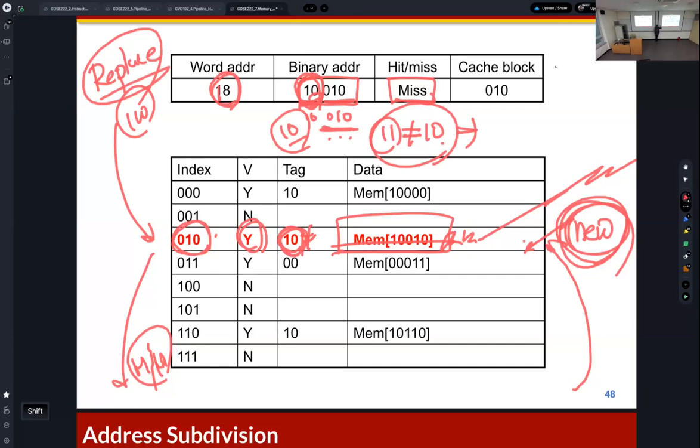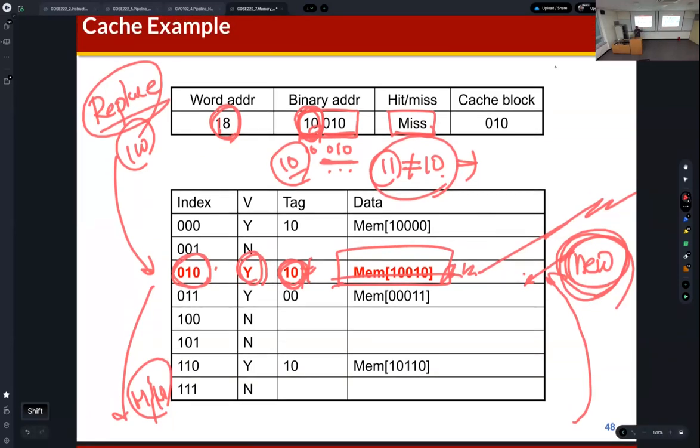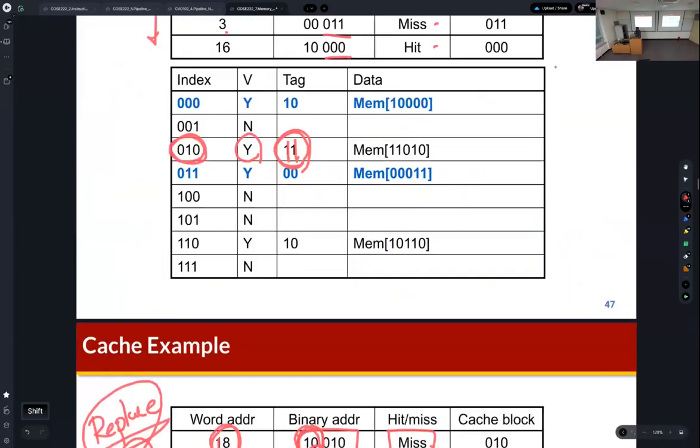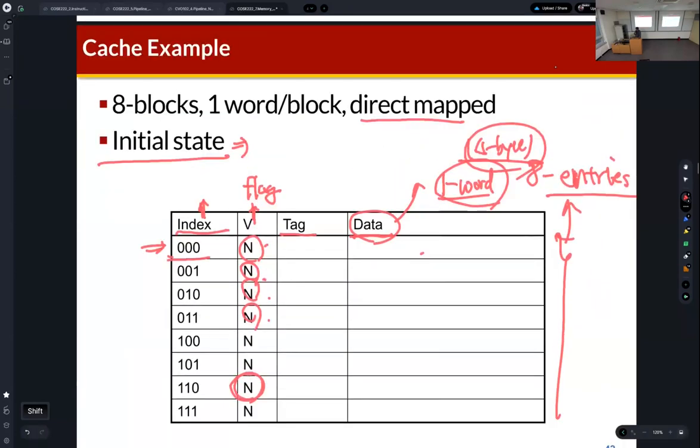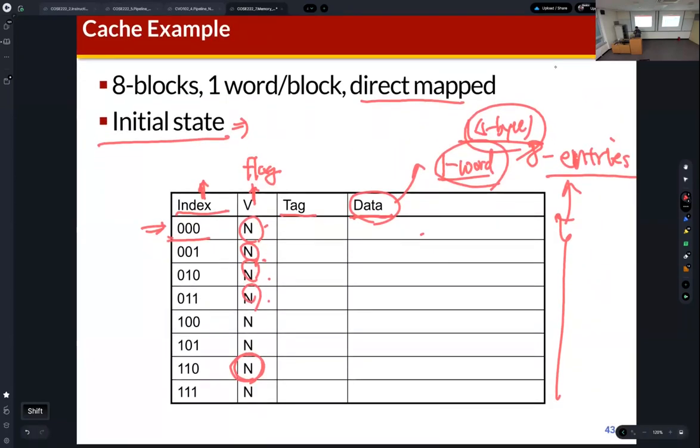So I explained the operation of the cache with examples. Firstly, the cache is in the initial state, and does not have any valid data. All entries are invalid.